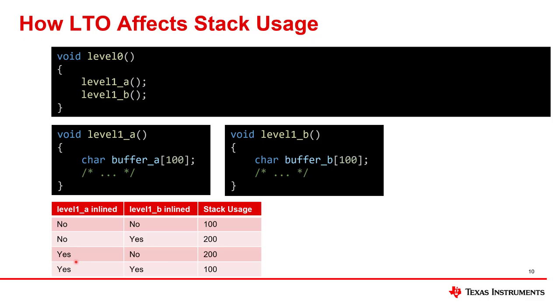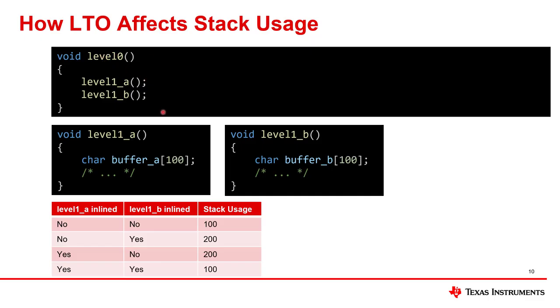Now, the really interesting case is the fourth one, where they both get inlined. Now, your intuition probably tells you, well, you need 200 bytes in that case because you've got both buffers, they're both active. I understand why your intuition leads you there. Turns out your intuition is wrong, okay? It's 100 bytes. And why is that? It's because the compiler has its own optimization happening inside of the code at the point in time when it's generating code for level 0.